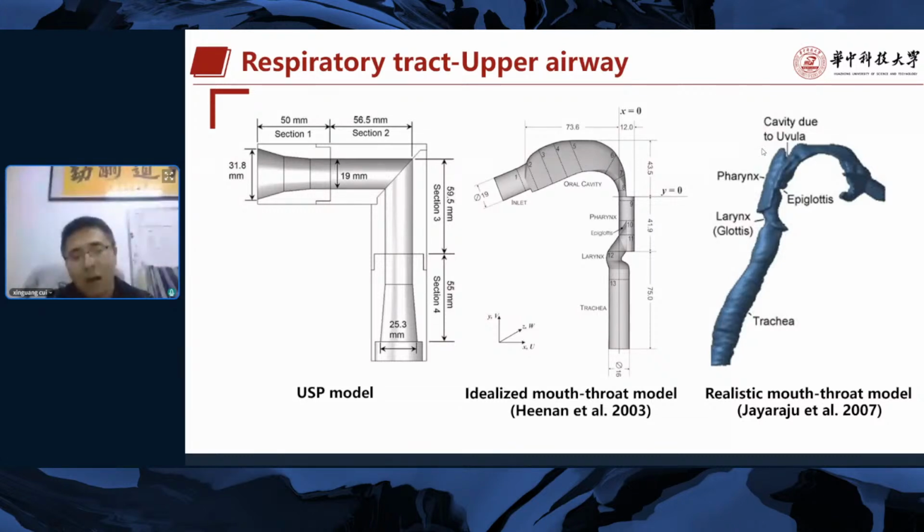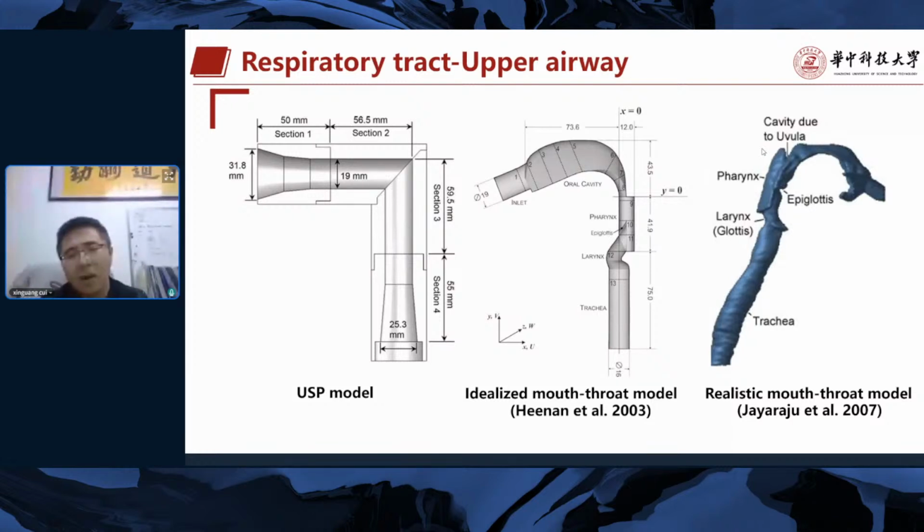The first one is maybe the simplest, the USP model, and it was used in some drug delivery, maybe in the pharmacy industry. In fact, it's not used so much now. Previously, people did some research using it.